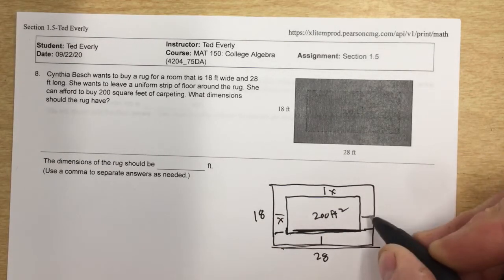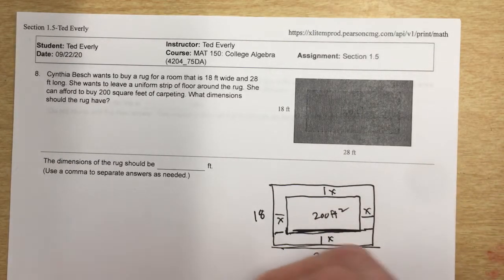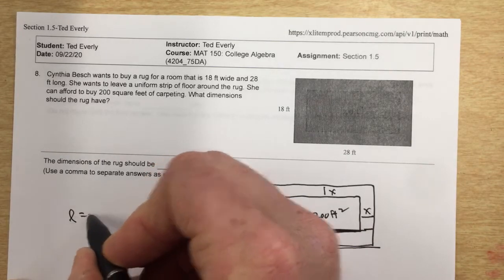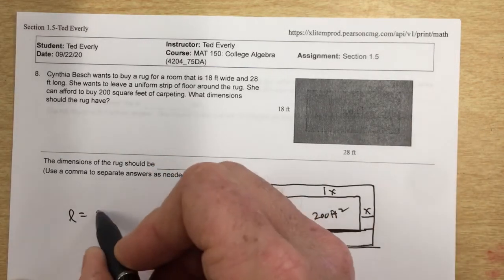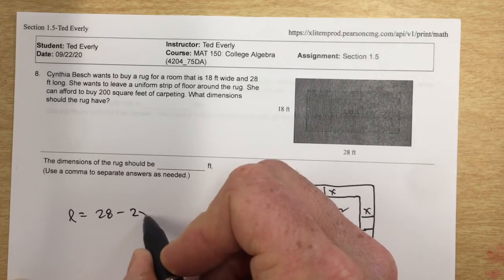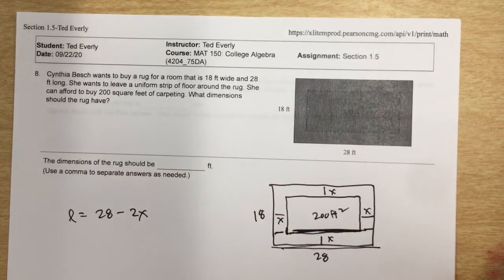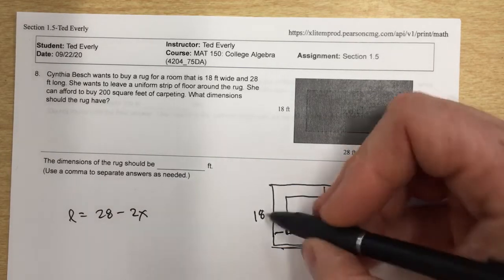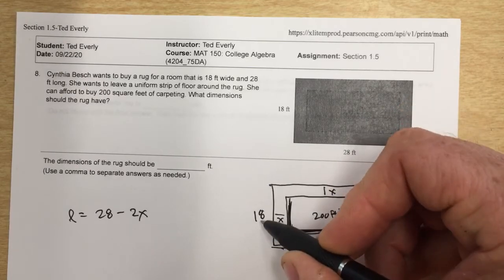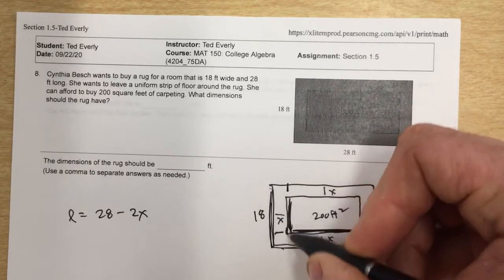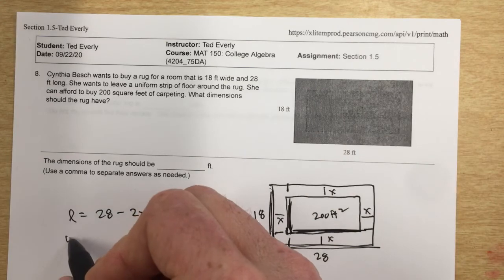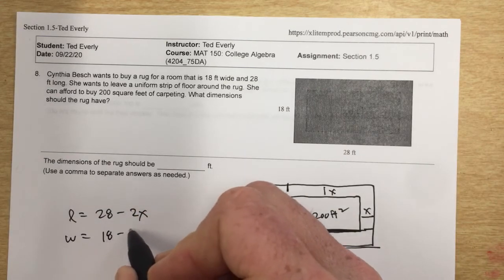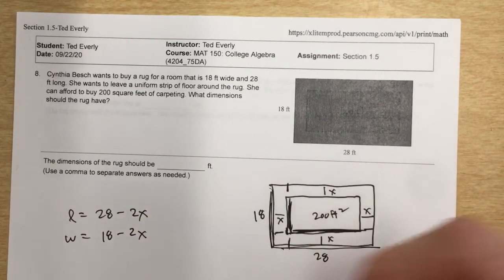That's x going around because this needs to be the same. So my length is going to be 28 minus those two x's. The width right here is the same thing: 18 minus these two x's. So the width is going to be 18 minus 2x. And there's my length and width.